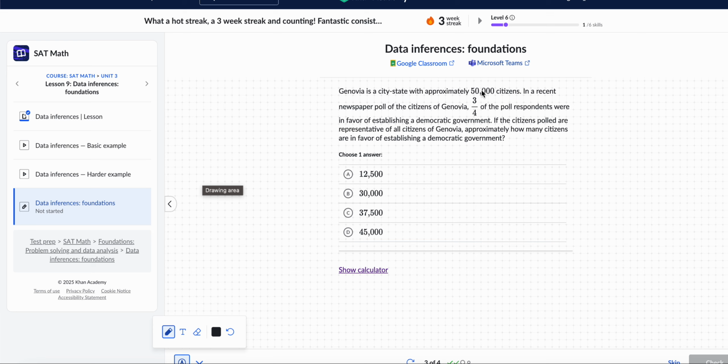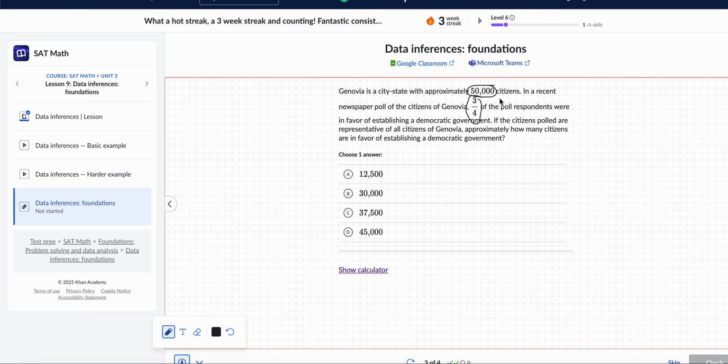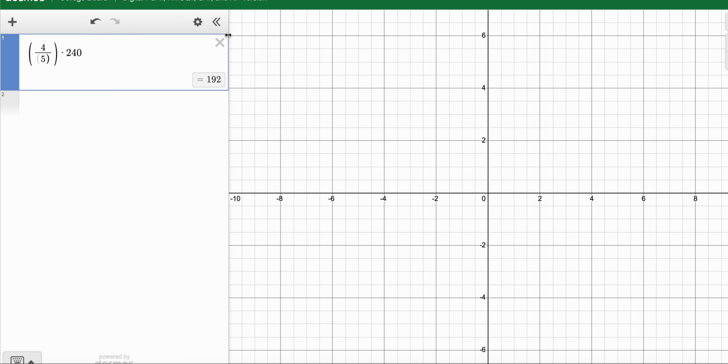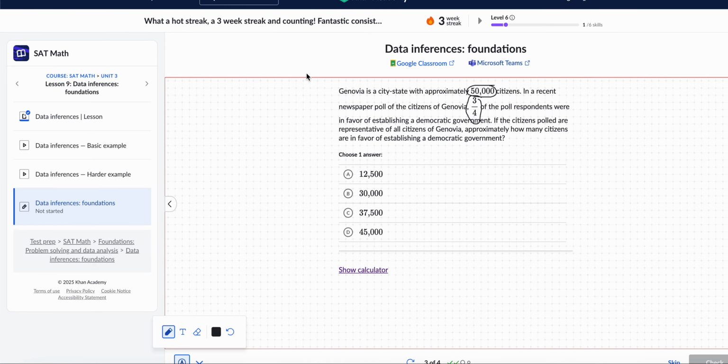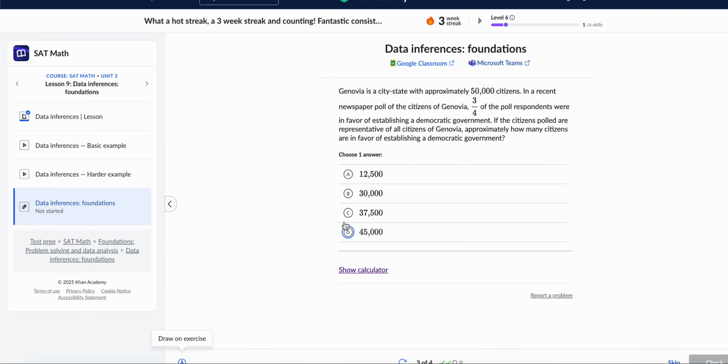So this is our sample proportion, and this is our entire population. So 3/4 of 50,000 is what we're looking at right here. That's going to be 37,500. So luckily we see that as one of our options.